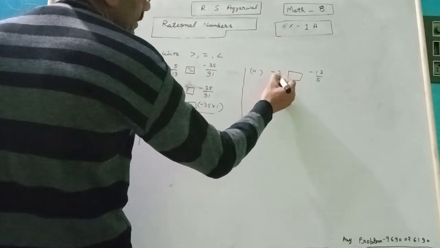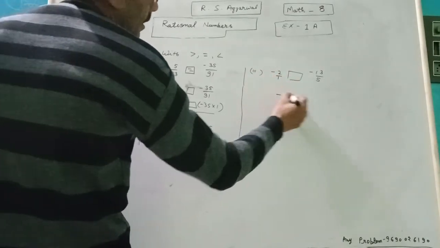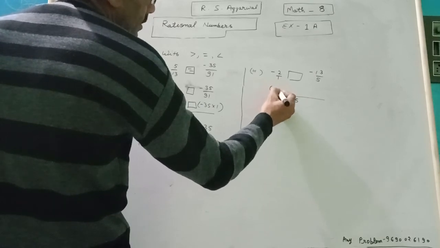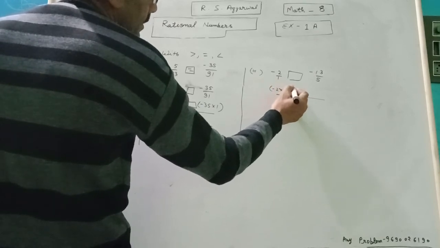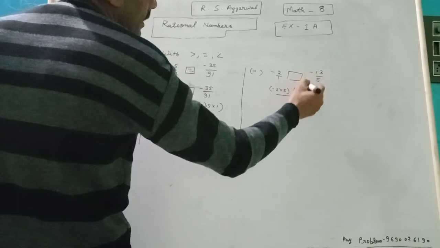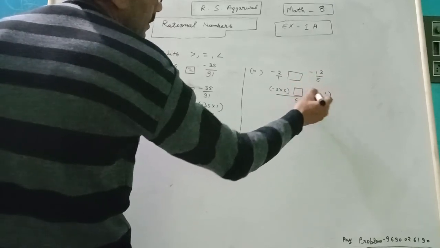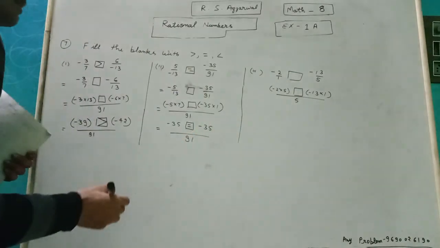Third part is minus 2 write the upon 1. After LCM, 1 and 5 is 5. Minus 2 into 5, box, minus 13 into 1 divided by LCM.